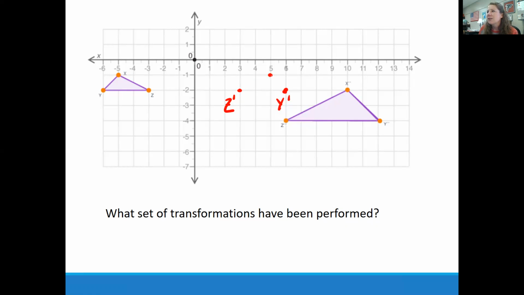And if I connect those dots, I feel pretty good about that. I feel like that's the first transformation. I reflected over the y-axis.